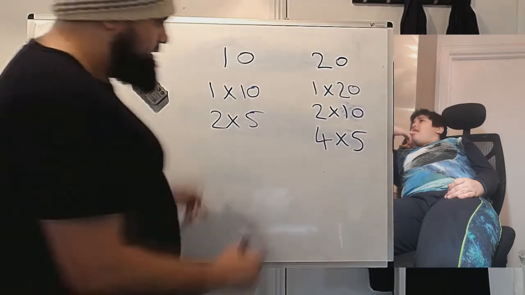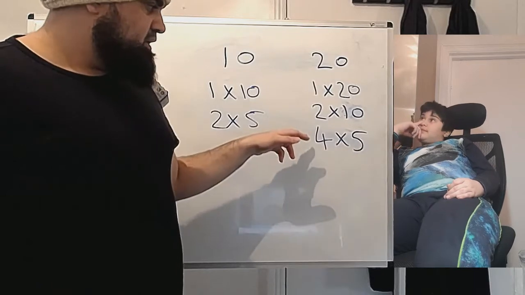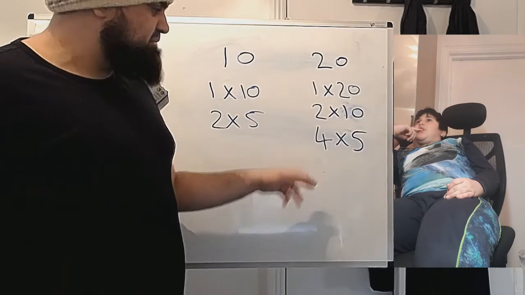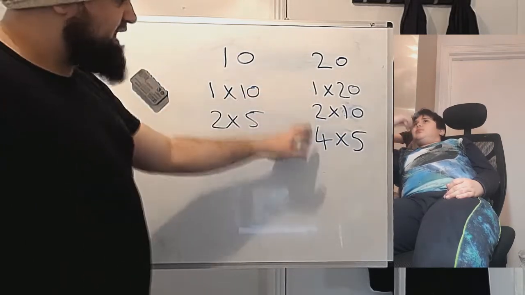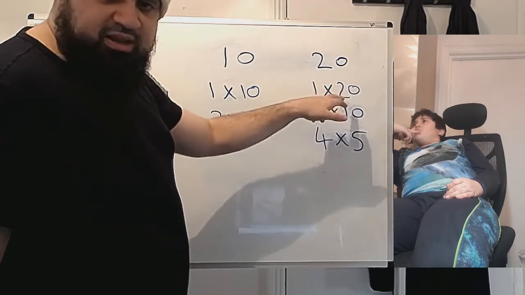And the rest are repeated, aren't they? Because then you'll get 5 times 4, which is the same thing as this. You'll get 10 times 2, which is the same thing as this, but just flipped. And you got 20 times 1, which is the same as this. So the factors of 20 are 1, 2, 4, 5, 10, and 20.